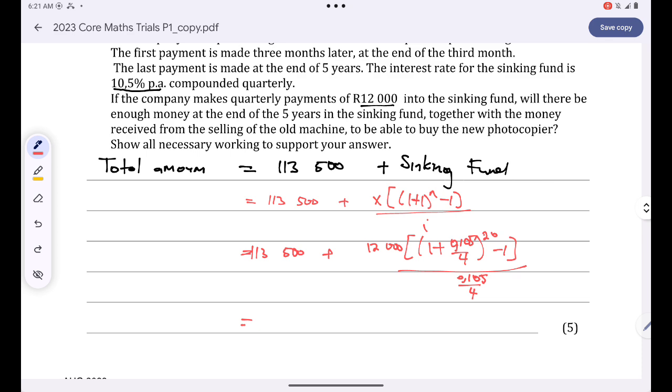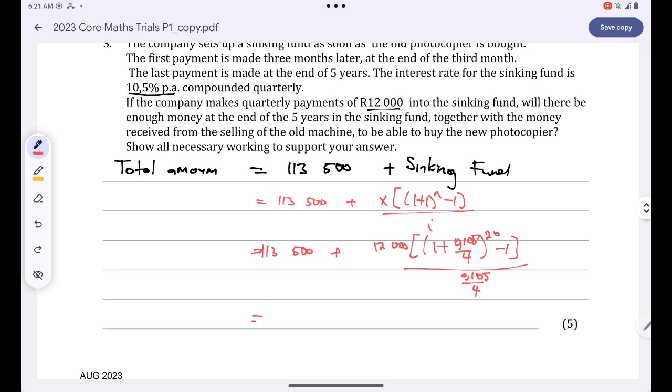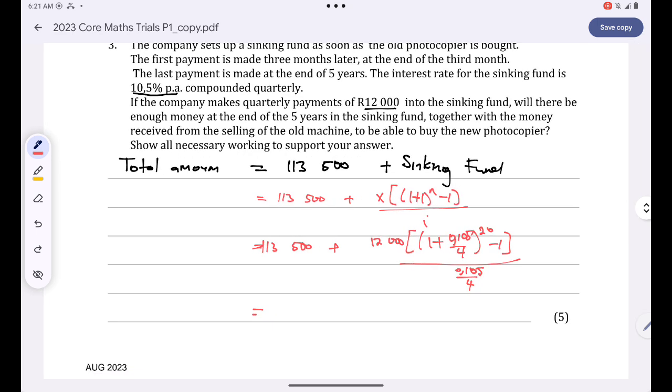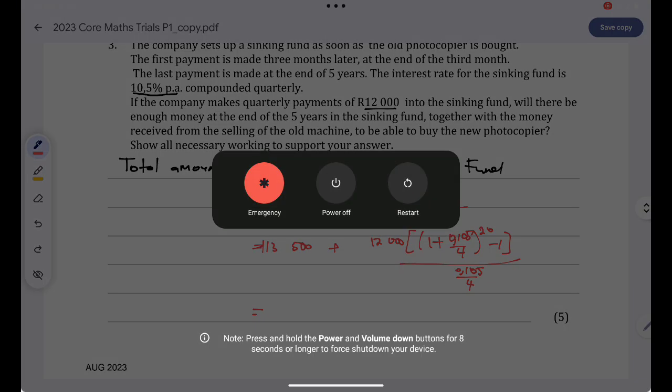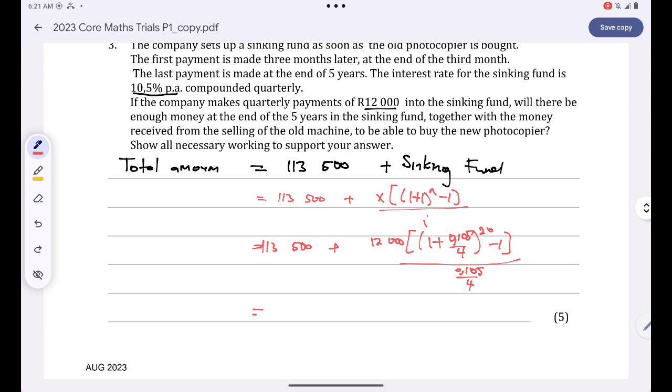So if this amount, guys, is greater than 421,541 rands 6 cents, that means I will be able to buy a new photocopier.